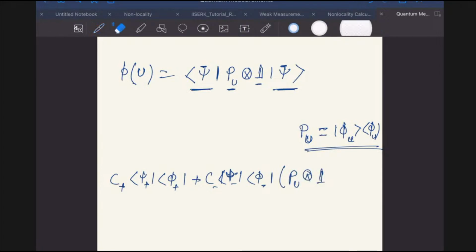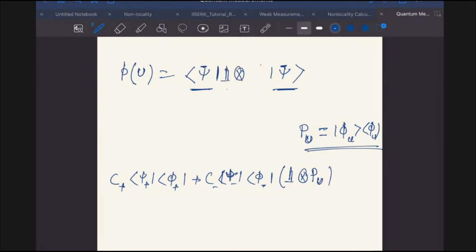I am writing this wave function later, so I should write identity cross PU, right? I am just exchanging this because I have written the system's wave function in the first place. Cross PU.